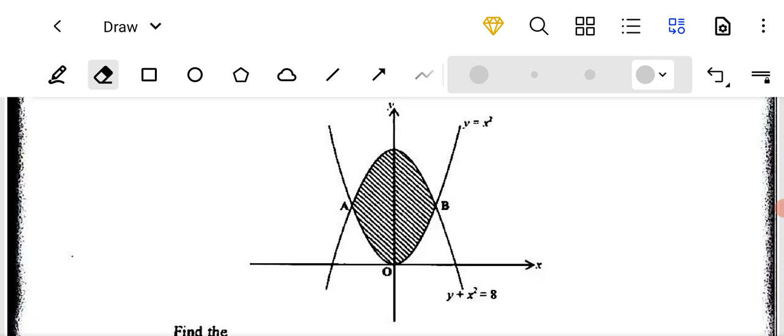So we need to establish a top function and a bottom function. The top function will be y plus x squared is equal to 8.